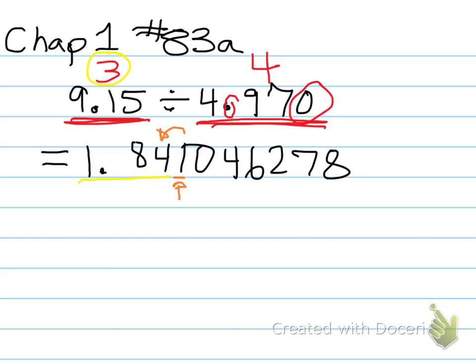Well, that 4th sig fig is a 1, so it's not going to affect the 4. Remember, if it's 5 or above, it gives that number a shove. So if it's 5 or above, we would have to round that 4 up, but we do not. So our answer is going to be 1.84, and that is it.